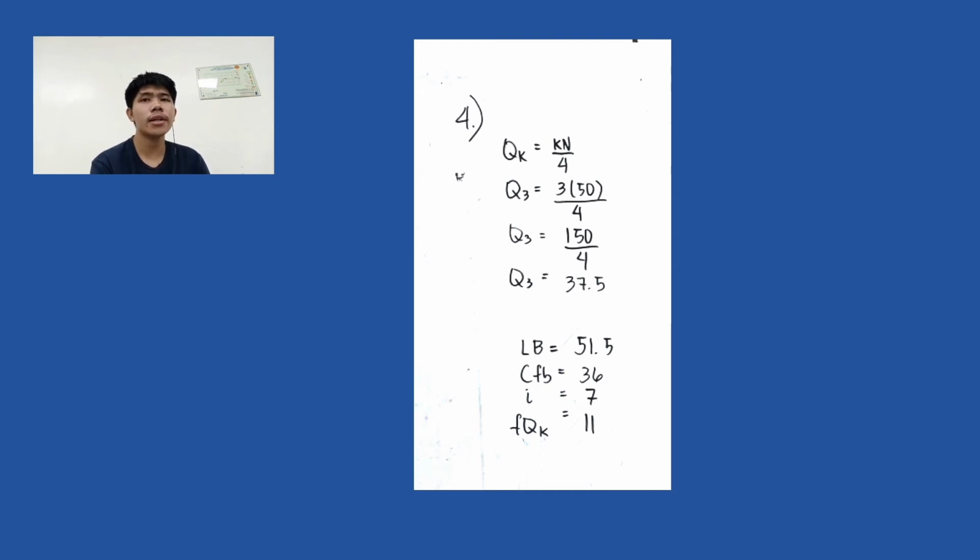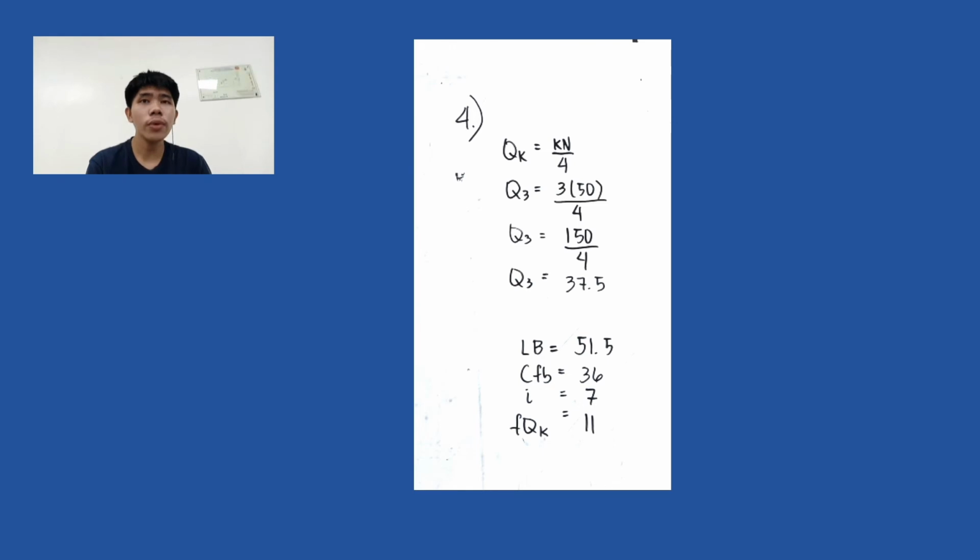Now, Q sub K is equal to Kn over 4. Substitute: Q sub 3 is equal to 3 times 50 over 4. So 50 times 3 is 150. Q sub 3 is equal to 150 over 4. 150 divided by 4 will give us 37.5. Now, the value of our Kn over 4 is 37.5.